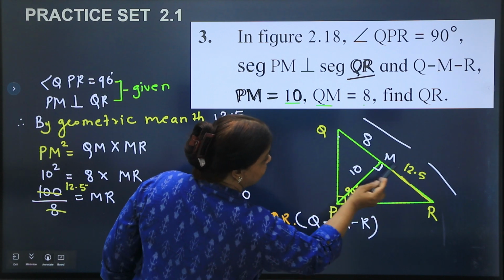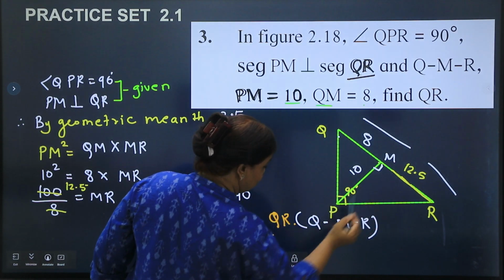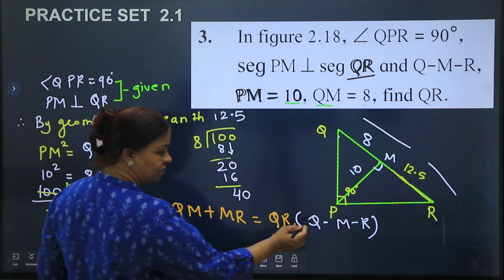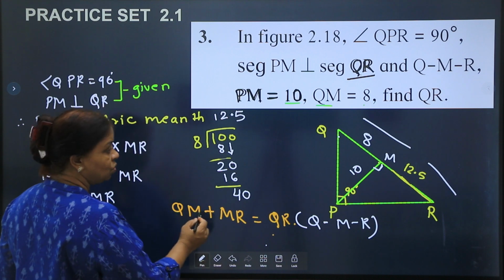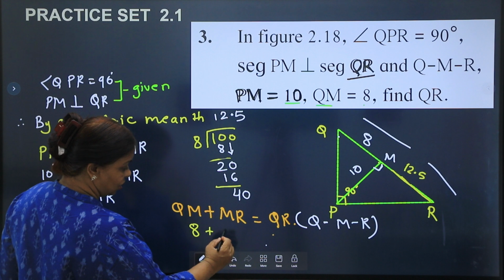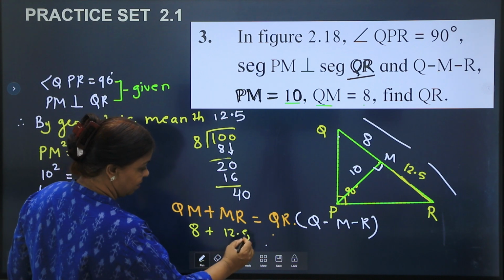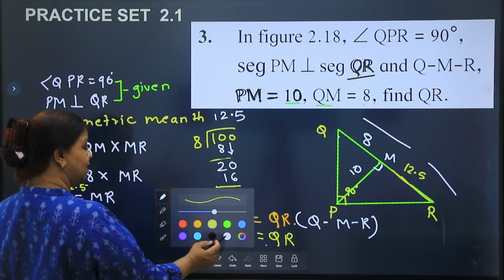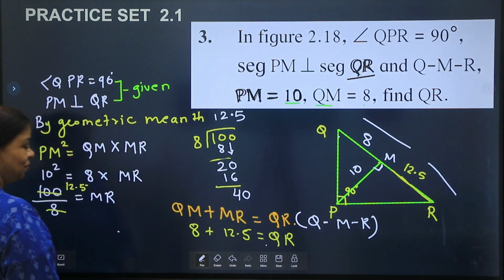QR is QM plus MR because QMR is given collinear. So QM plus MR is equal to QR. QM is how much? 8 plus MR is how much? 12.5, which is equal to QR. Now children, I have seen children when they are adding, what they do.